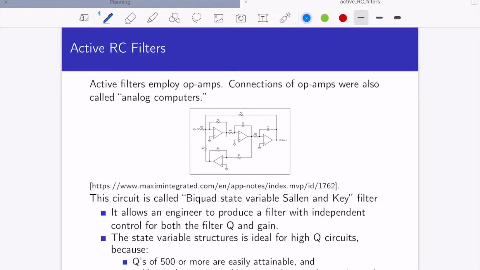Also, another advantage of this design is that the open loop gain for the op amps doesn't have to be a lot higher than the filter's output gain because of the combination of op amps, and that allows your circuit to get both higher values of gain as well as high values of Q.